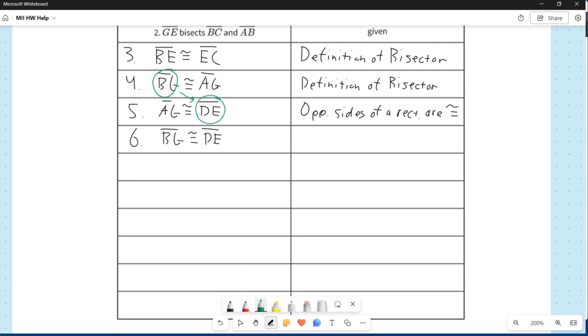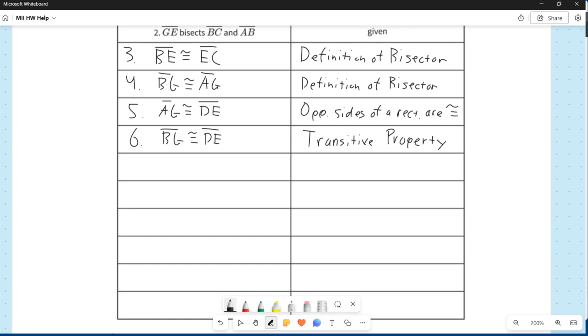So that means that these two things have to be congruent because both of them are congruent to the same thing. And again, the transitive property says if A is congruent to B and B is congruent to C, then A is congruent to C. So we are allowed to say this, and our reason is simply the transitive property, which has been firmly established. Transitive property is true.